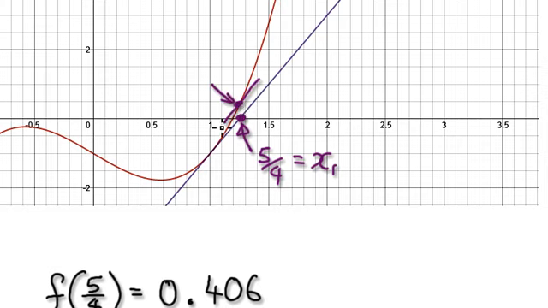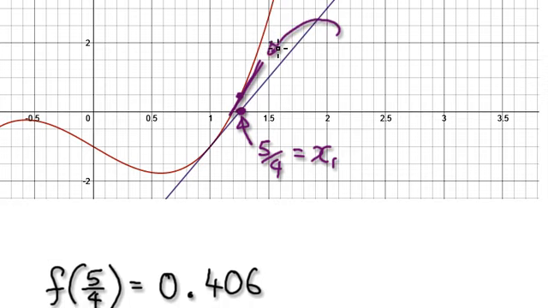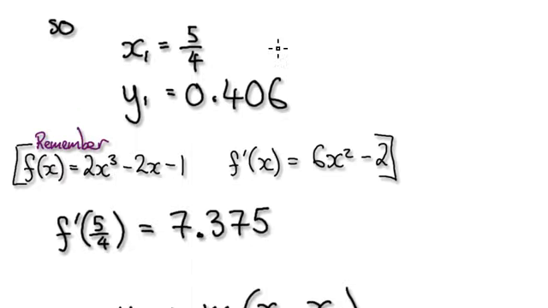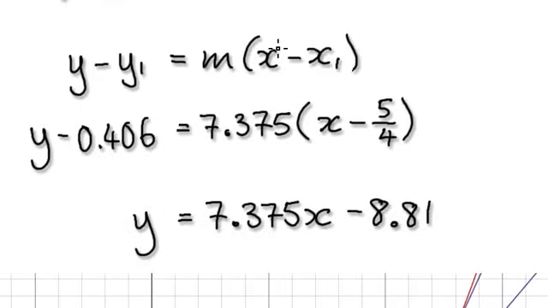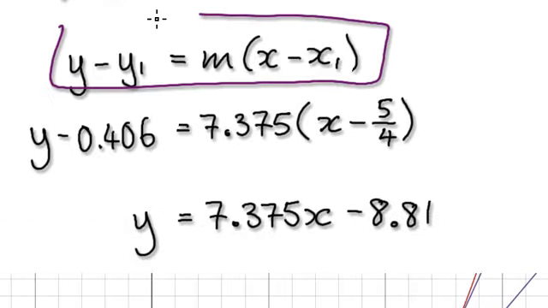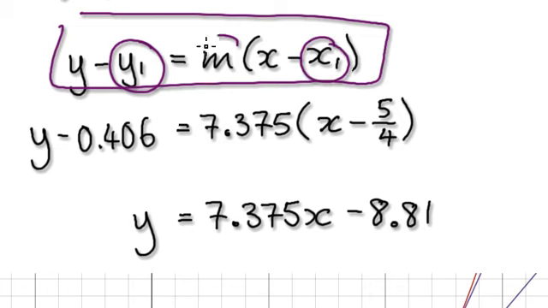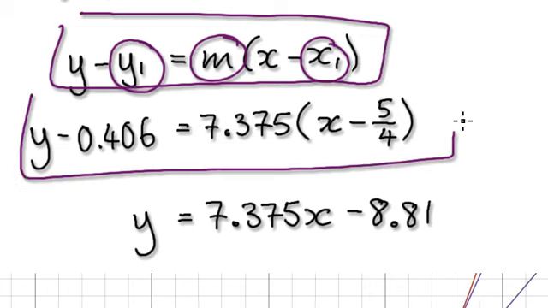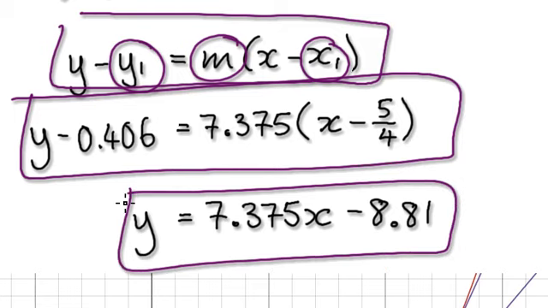Now we should be able to come up with the equation of this tangent line here. The equation of this tangent line is given by this. We know y1, we know x1, and we know m. That takes us to here, and then rearrange it, and that will give you this.